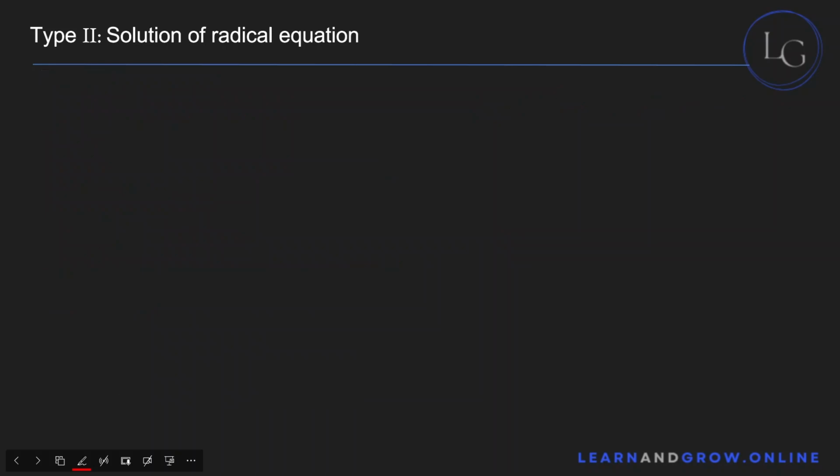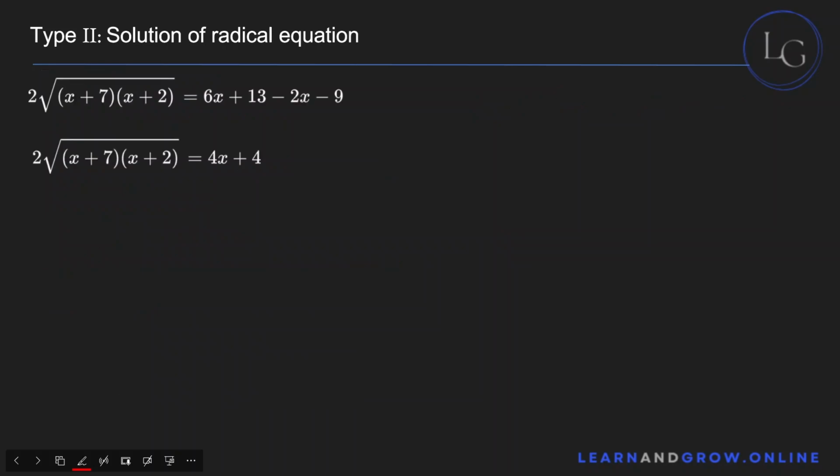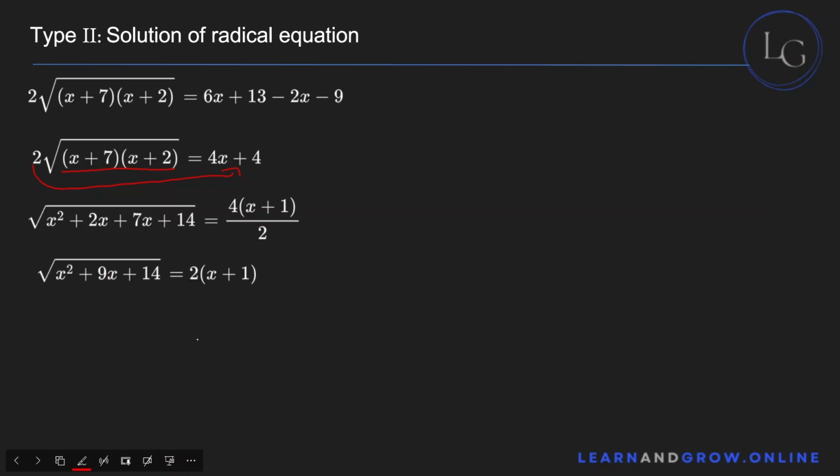Now, you'll do all the calculations, and you'll get this equation. After that, you'll take this 2 in the denominator over here, and then you'll get this equation here. Now, you'll do the multiplication over here, and then you get this equation.